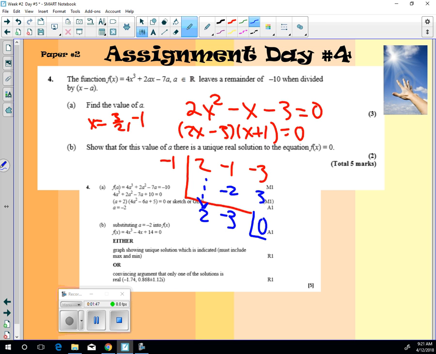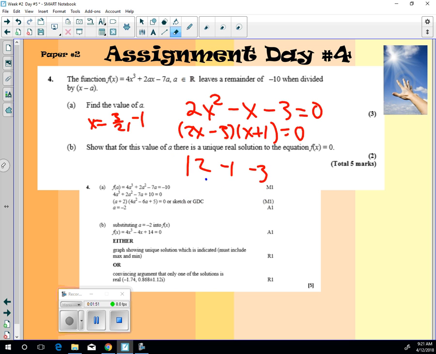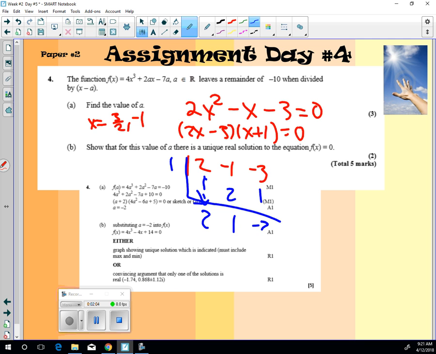So what if I made a mistake here and I put in instead a 1. Okay, 1 isn't going to work. 1 is going to get me what we call a remainder, and the remainder is negative 2.